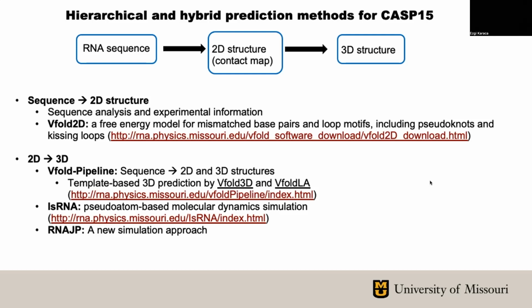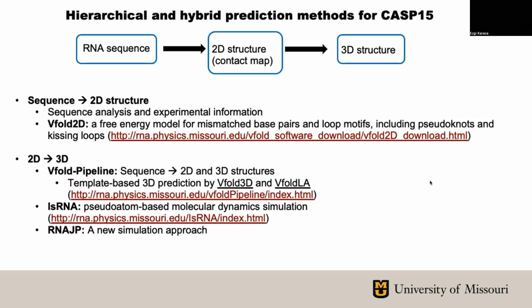Then, based on the constraints, if available, from the sequence analysis and experiment data, we run our physical model. It's called Vfold2D, which I will very briefly describe. We have a server available.